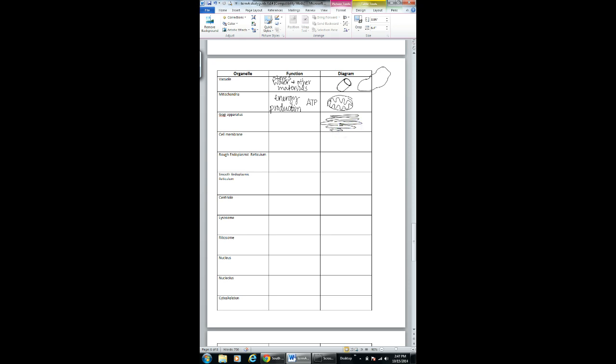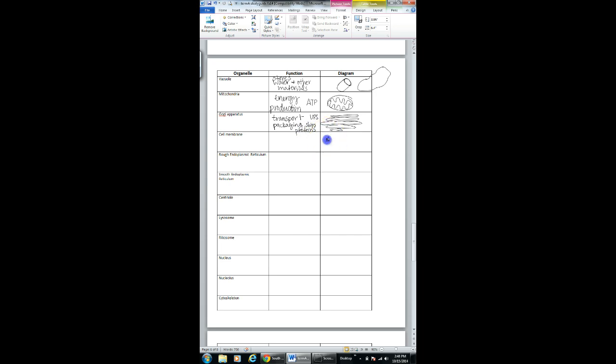There's a whole bunch of membranes stacked together, and he deals with transport, and he does processing and packaging. He's kind of like the UPS guy, right? For proteins, transport, packaging, and shipment. Ships proteins.